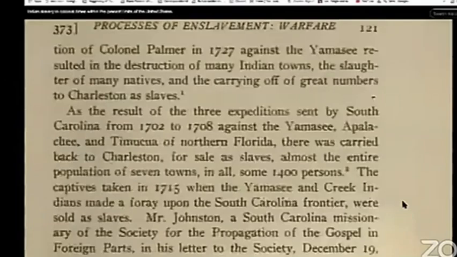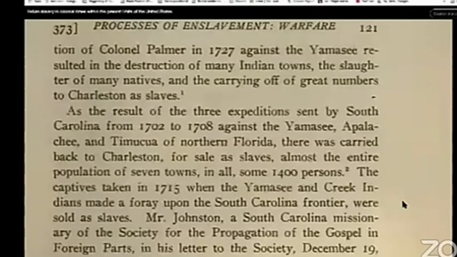A similar expedition of Colonel Palmer in 1727 against the Yamasee resulted in the destruction of many Indian towns, the slaughter of many natives, and the carrying off of great numbers to Charleston as slaves. Alright, so we're at Charleston. We know Charleston was a big slave port, basically where a lot of the American Indians were sent out to other parts of the world. We're talking about including Europe and West Africa.